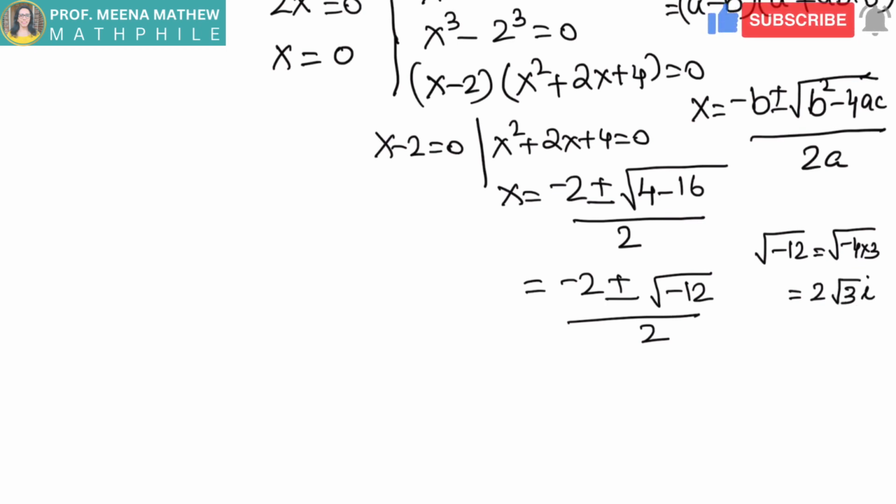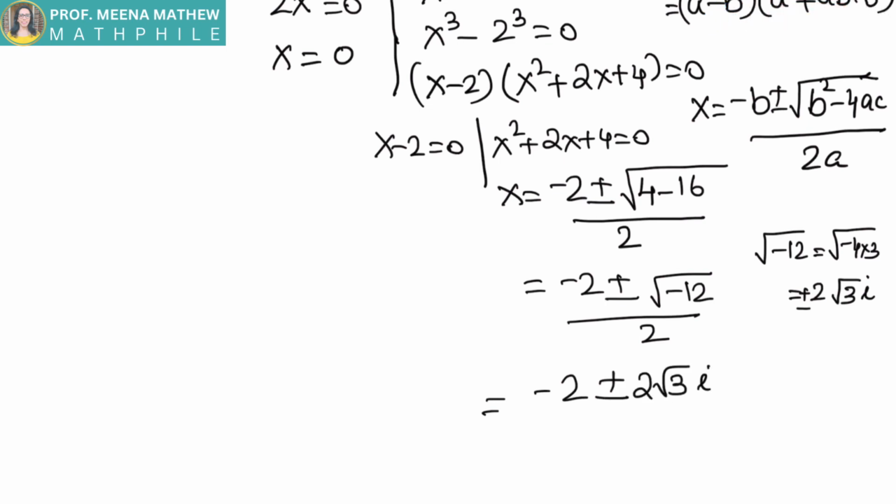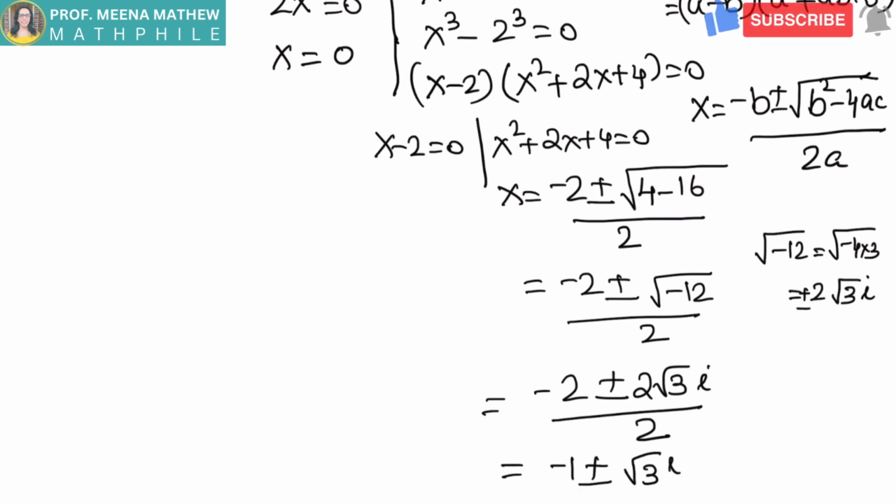Since there is a negative, there will be an i, and also there will be positive or negative values. So here we have negative 2, positive or negative 2 root 3 i divided by 2. This 2 is a common factor, so we can take the common factor and divide the whole equation, and then it is negative 1 plus or minus root 3 i.